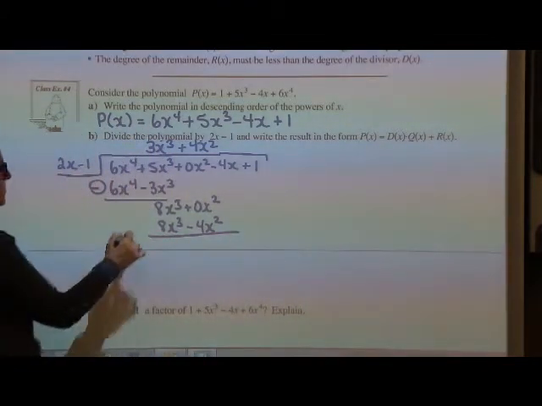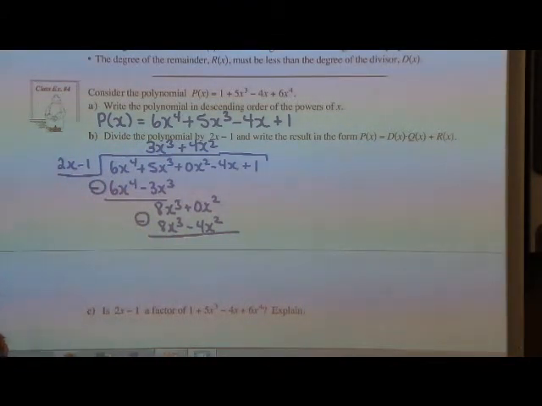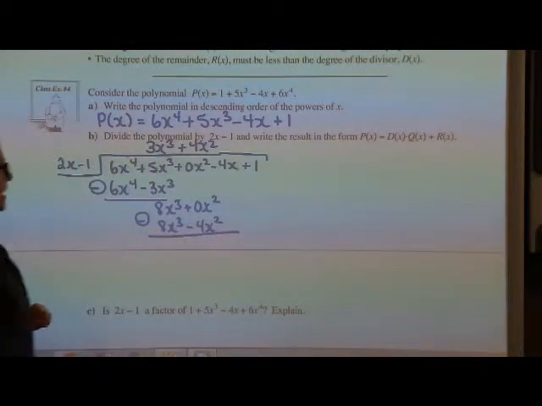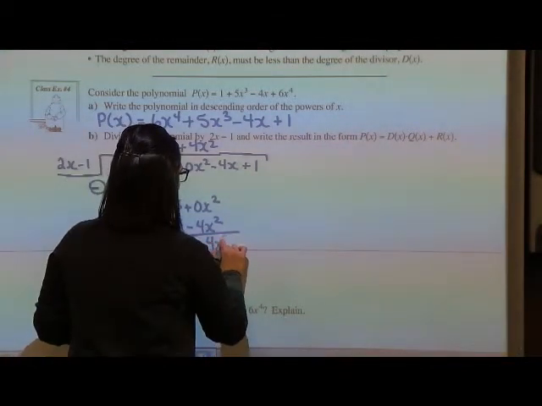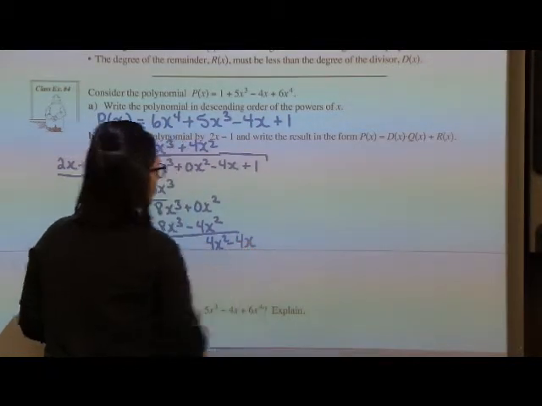I subtract them. The x cubes are going to disappear. 0 minus negative 4 is 4x squared. And then I bring down the 4x.